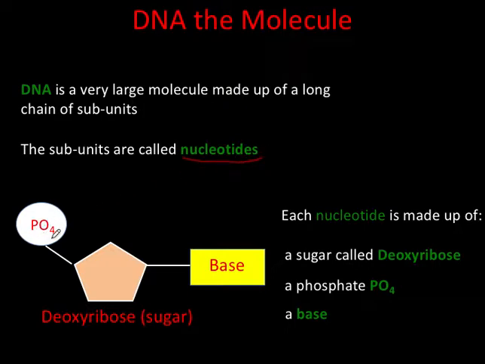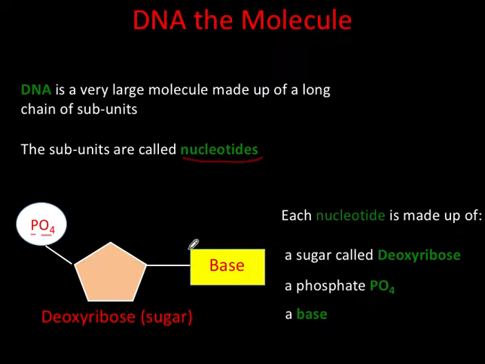The first is a phosphate group here. A phosphate group has one phosphorus atom and four oxygen atoms bonded together. Now, this phosphate group is bonded to a deoxyribose sugar, and that sugar is bonded to what's called a base.